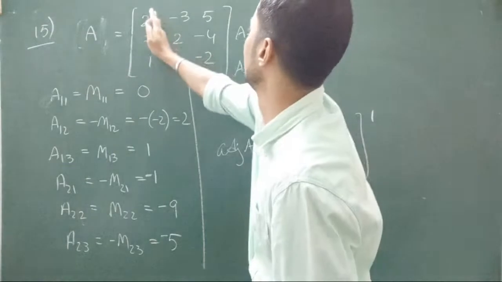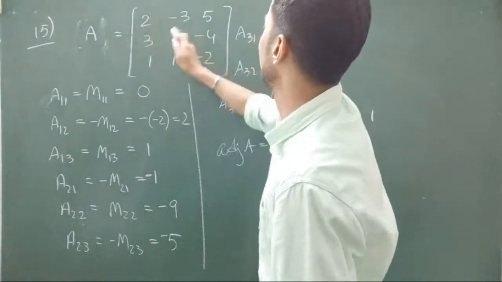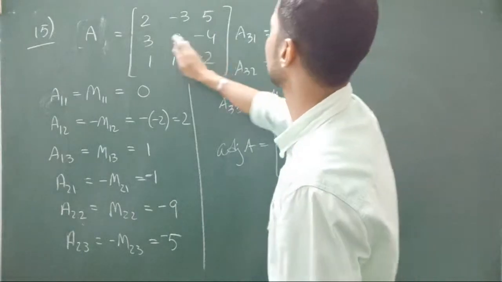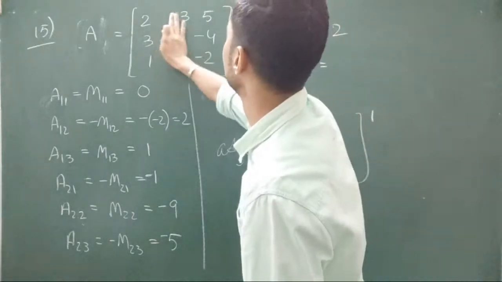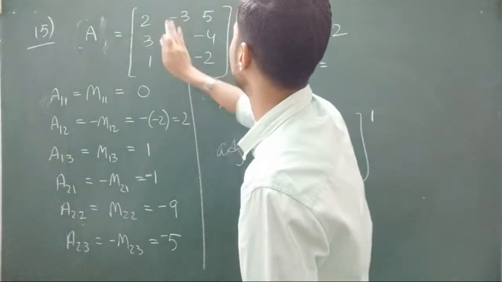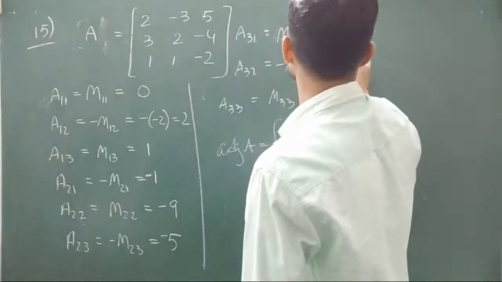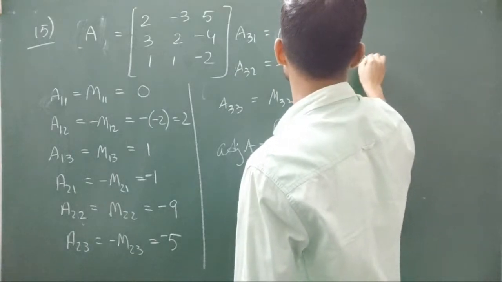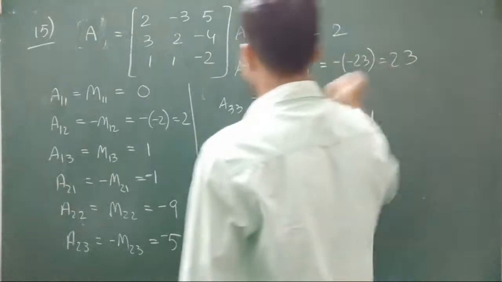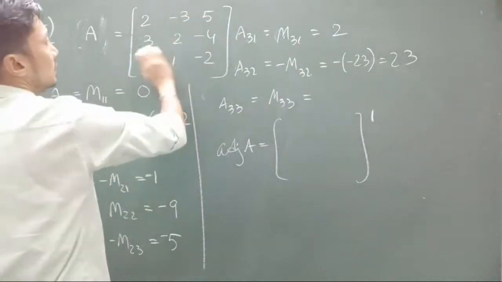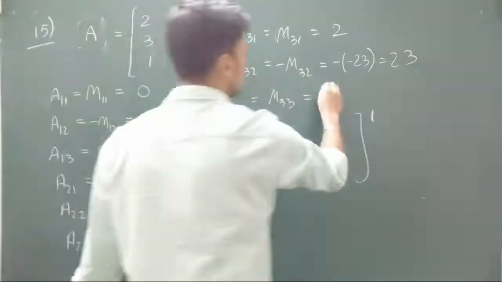So 3 4s are 12 minus 10, 2. 2 4s are minus 8 minus 15, minus 23. And then lastly, 2 4s are 8 plus 9, 13.